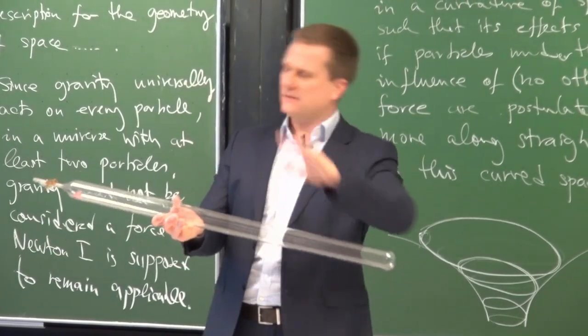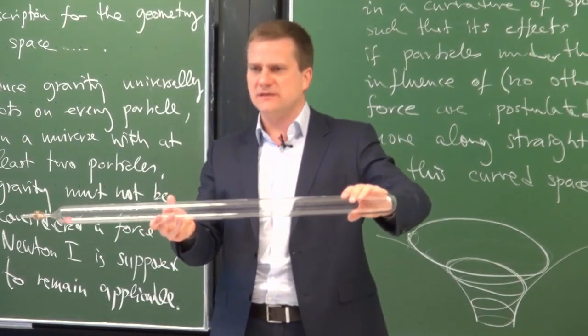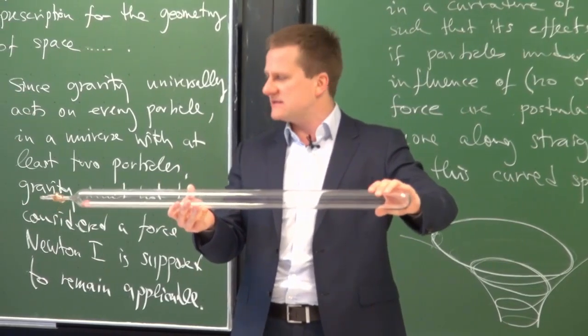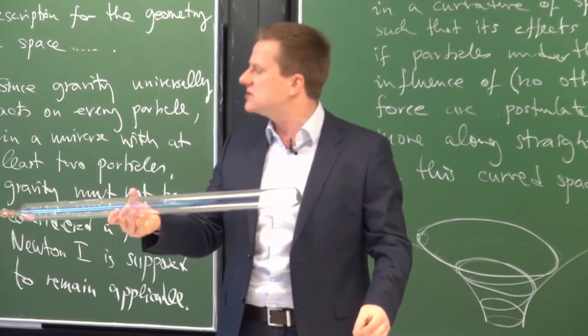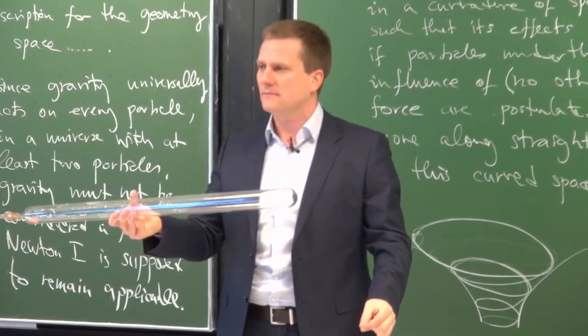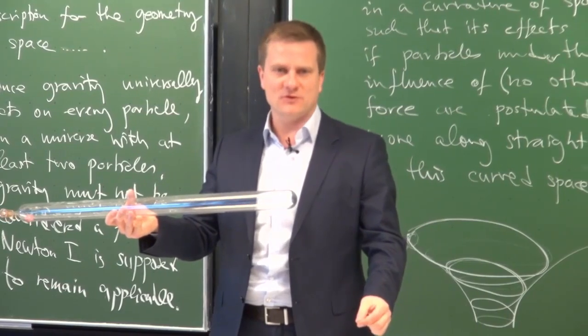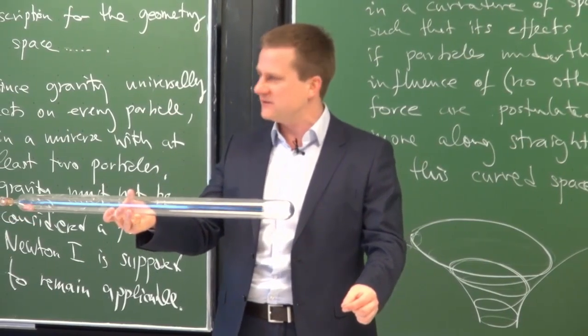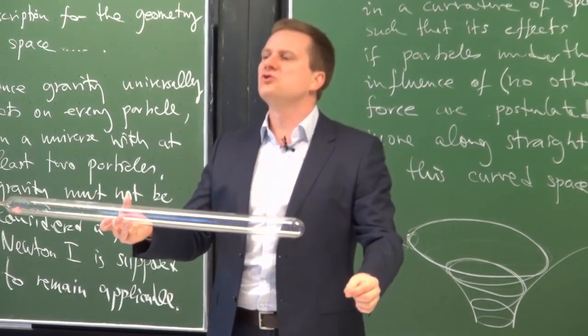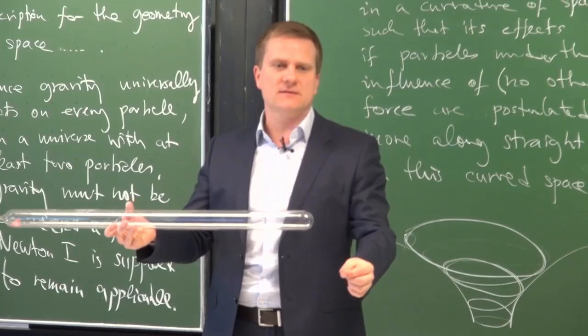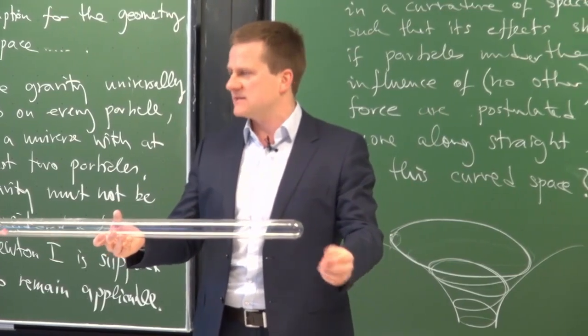I now erect the tube into the vertical position, and every day experience tells you the little bead will go down like that, because it has a much bigger mass than the feather. The people on the street would say, and you're probably already more educated in physics, that the feather will just fall more slowly, will be less accelerated, maybe because you think it has less mass.